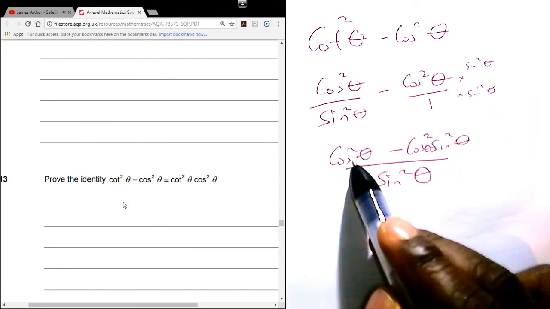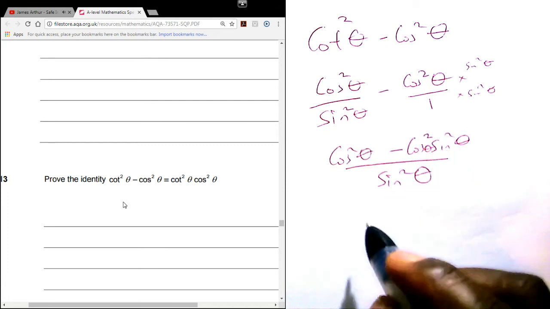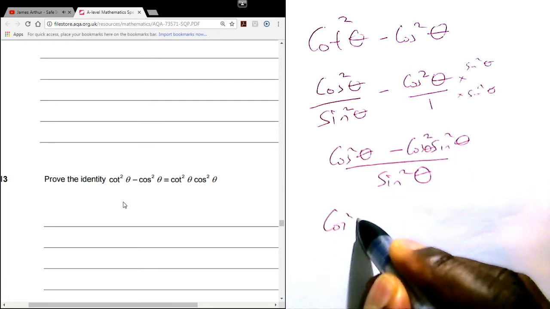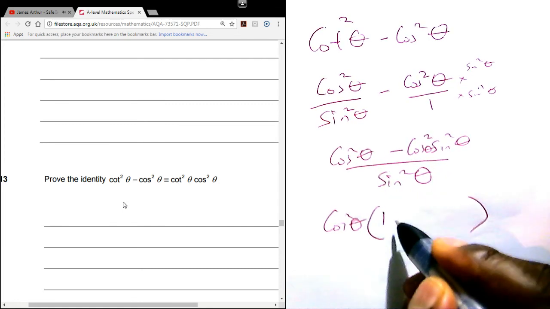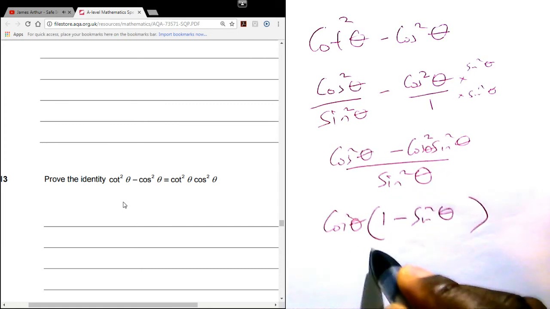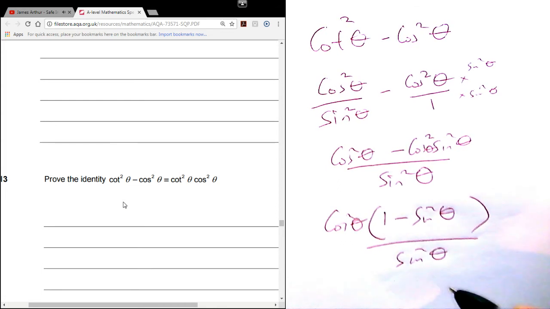Now cos squared is common to the top, so we can factor it out. So if cos squared theta goes out, what do you have in the bracket? You have 1 minus sine squared theta, and at the denominator you have your sine squared theta waiting.